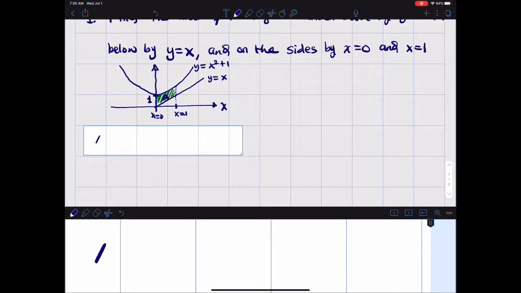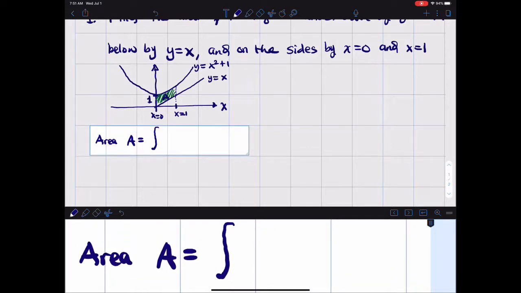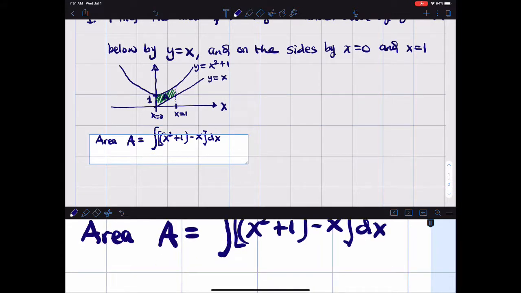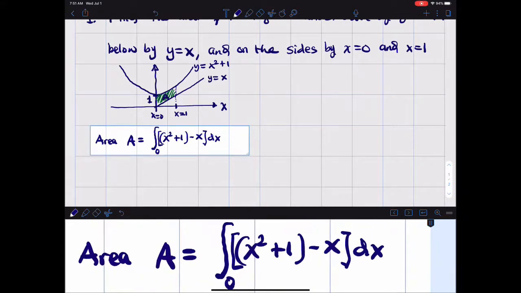So our area in this case that we're looking for, area A, is the integral. The top function is x squared plus 1, and then the bottom function is x. And we're calculating the integral from 0 to 1.